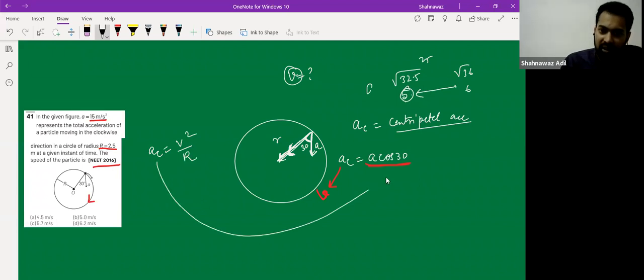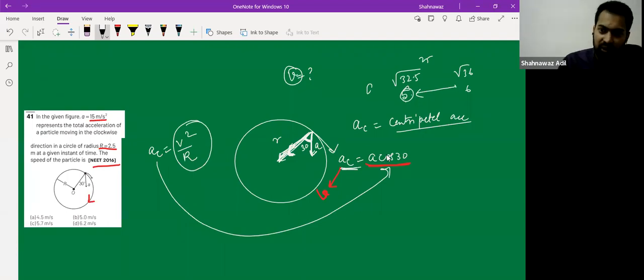So you calculate the radial component, not actually the horizontal one. This gives the centripetal acceleration, and from centripetal acceleration you can find the velocity.